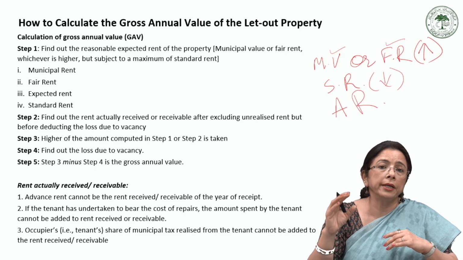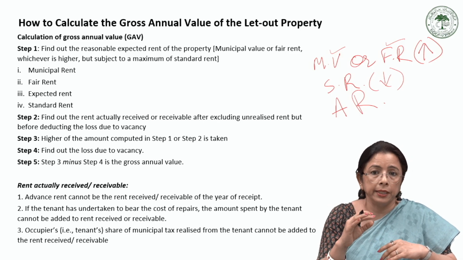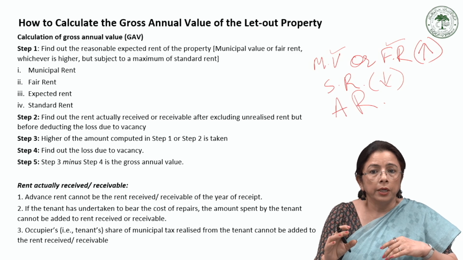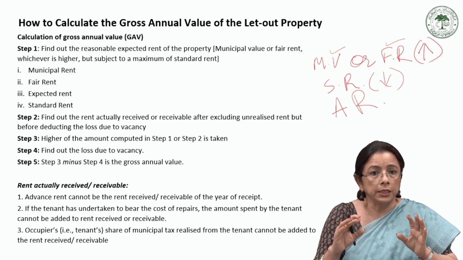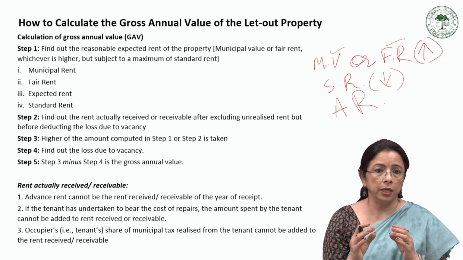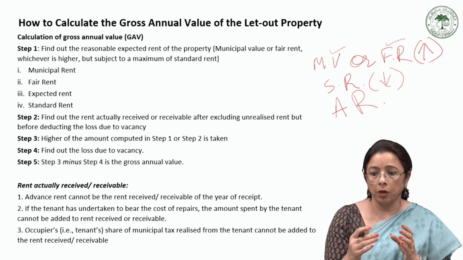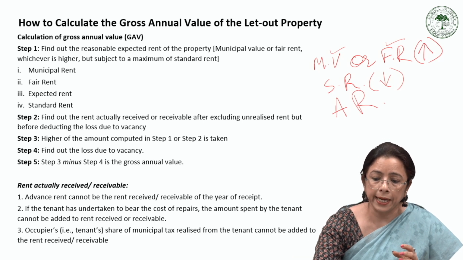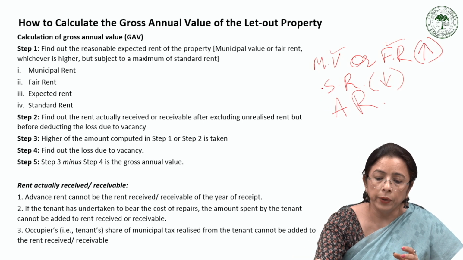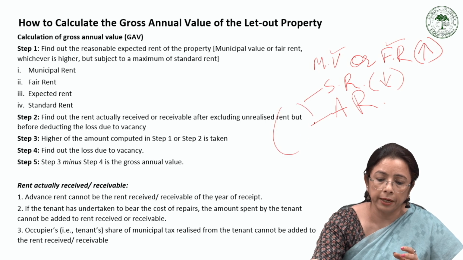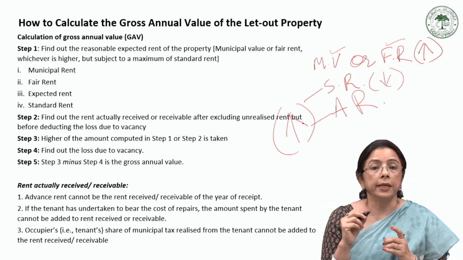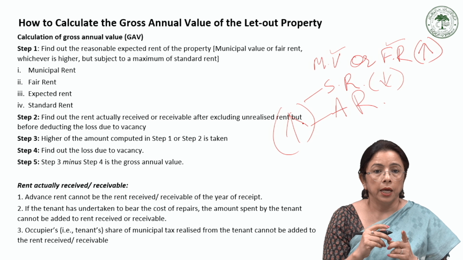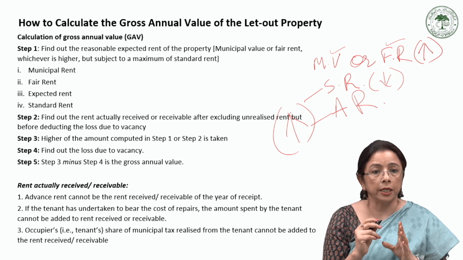Unrealized rent means the rent which is not paid by the tenant yet, but before deducting the loss due to vacancy. Then again, out of the two, the expected and the actual rent, we compare these two, and whichever is higher will be taken into consideration. Higher of the amount will be taken up.